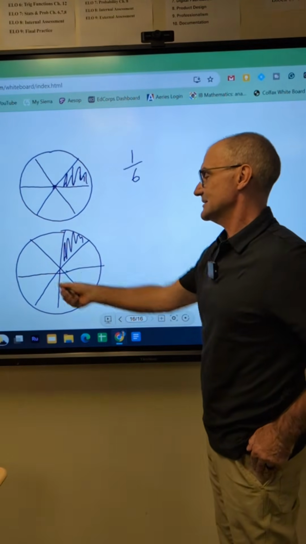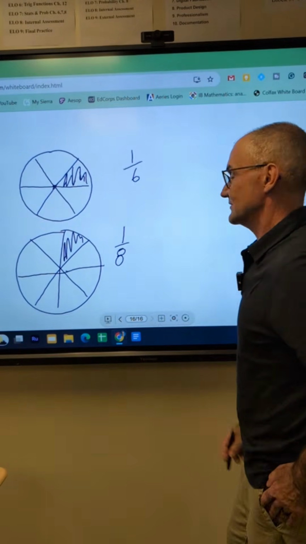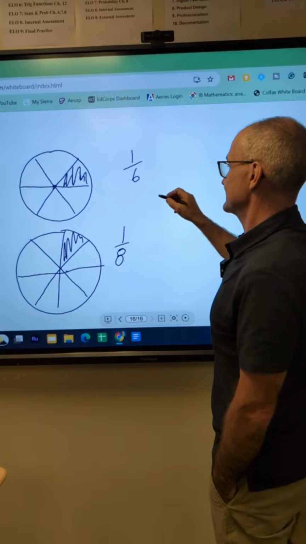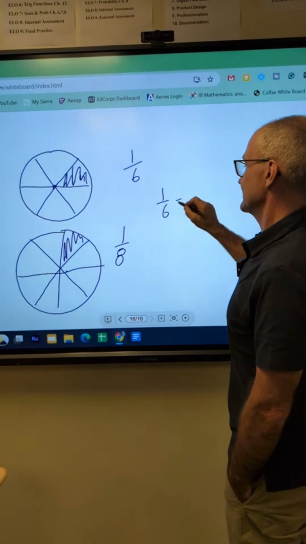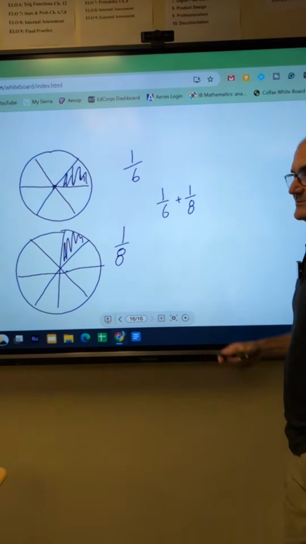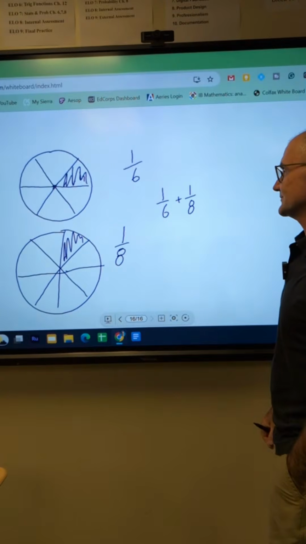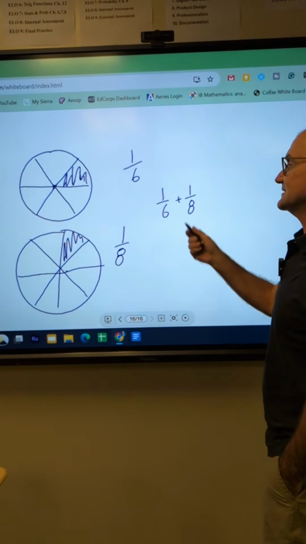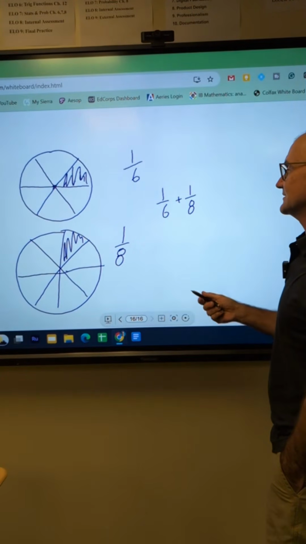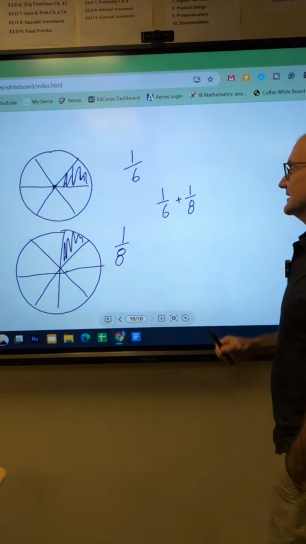So if I have 8 slices here and this is 1/8, and I want to add those two together, so I'm adding a 6 and an 8 together, I need to get that common denominator, which means the same number in the bottom of the fraction each time. It's usually called the LCD, the lowest common denominator. And I'm just looking for numbers that 6 goes into and that 8 goes into.